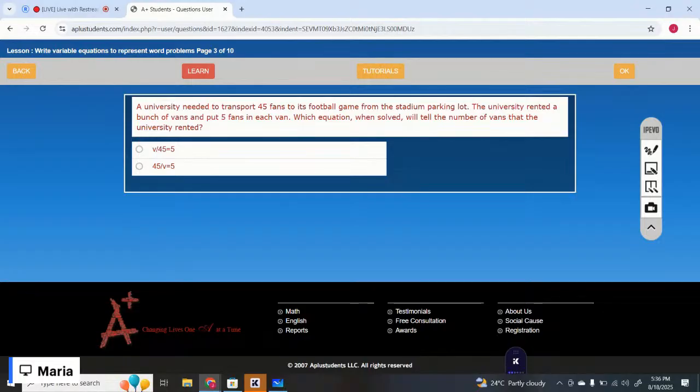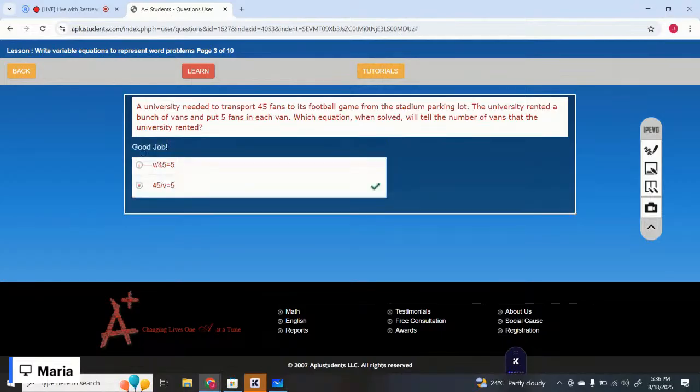So that would be 45 divided by 5 equals v. Option number 2 is the correct option.